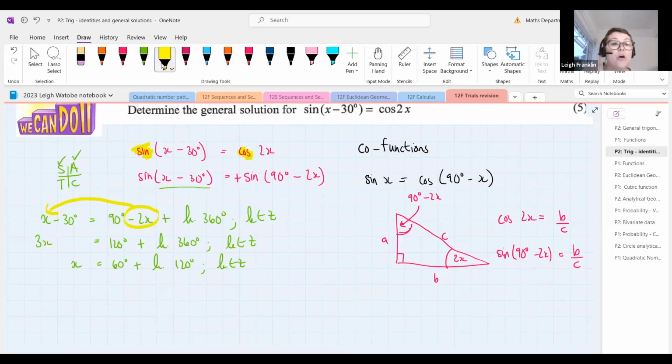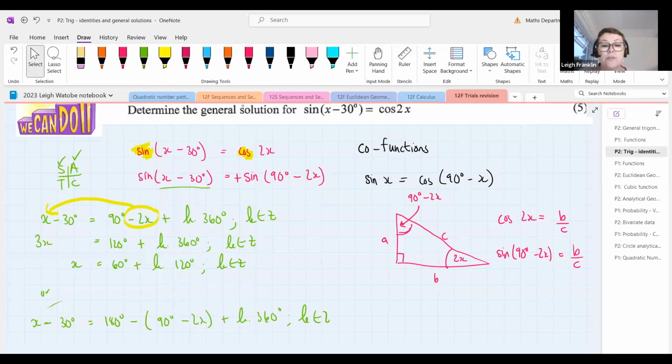All right, but I'm not finished because I need to do a solution in the second quadrant as well. So here I would end up with x minus 30 is equal to 180 minus (90 minus 2x) plus k times 360, k is an element of the integers.